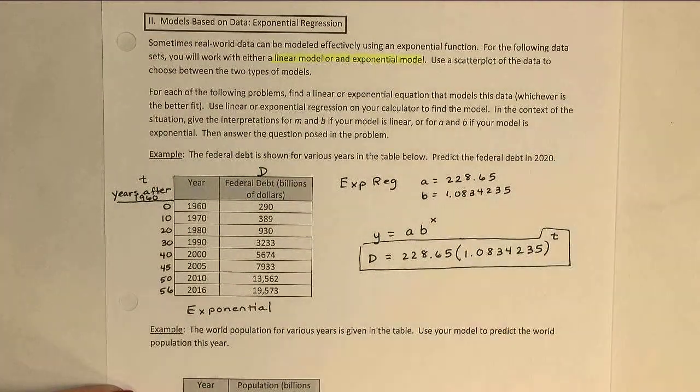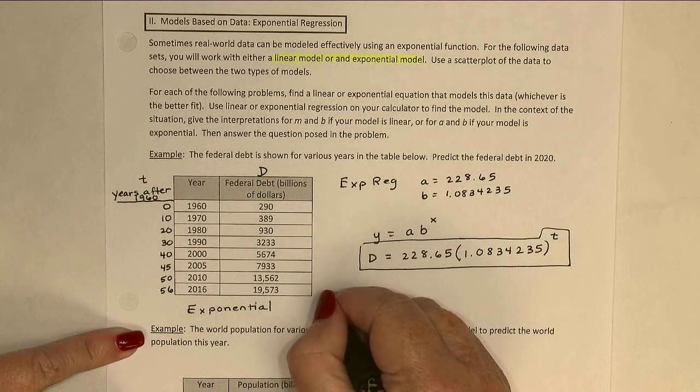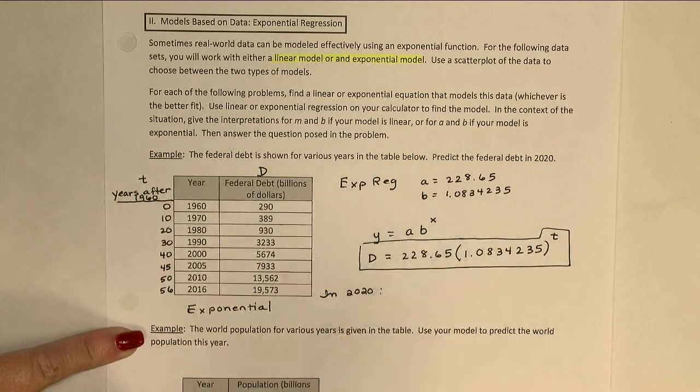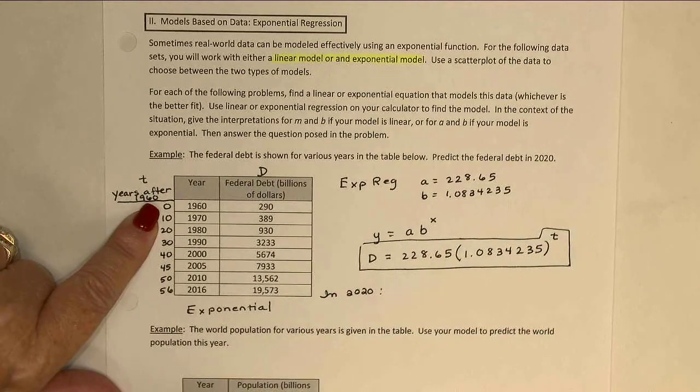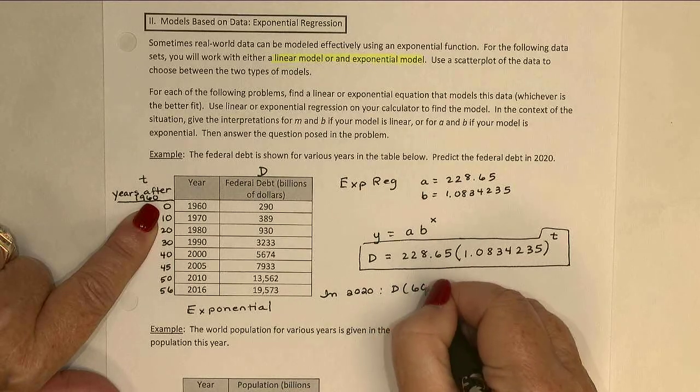Our goal was to predict the debt in 2020. So in 2020, that would be 60 years after 1960. So D of 60.